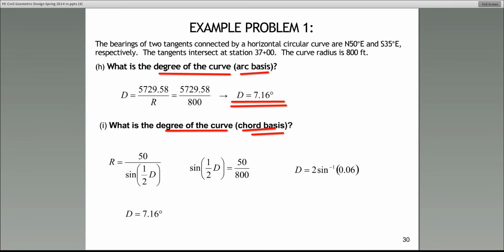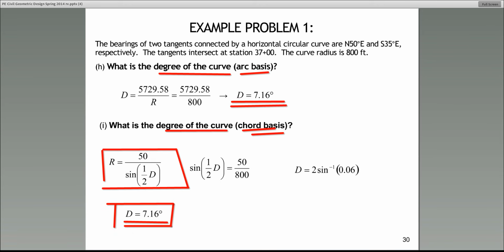Well, to answer this, use the equation that gives us that relationship on the chord basis, and if you do it correctly, the degree of curvature comes out to be the same in this case, 7.16 again.